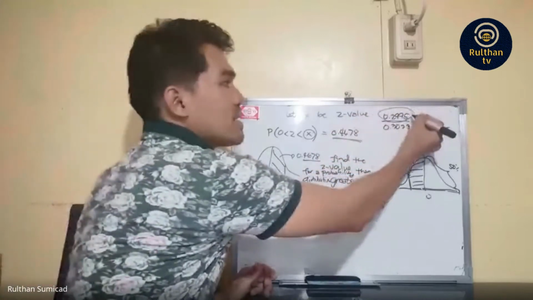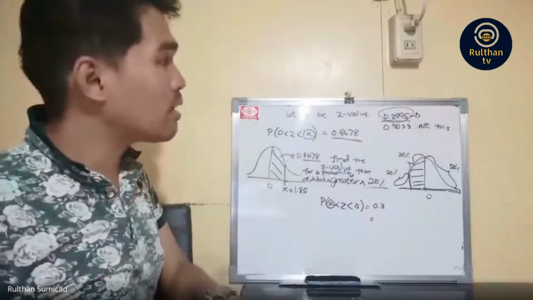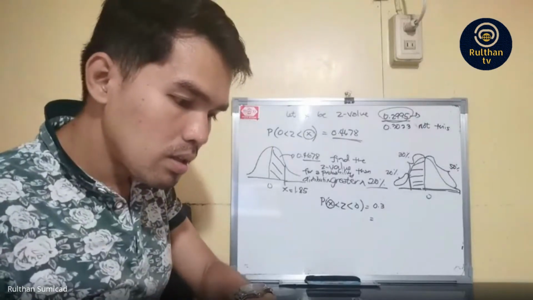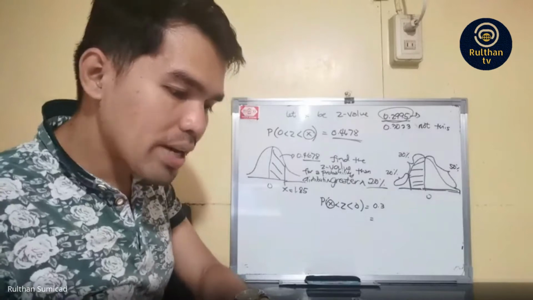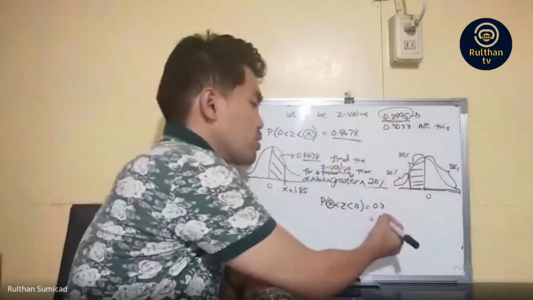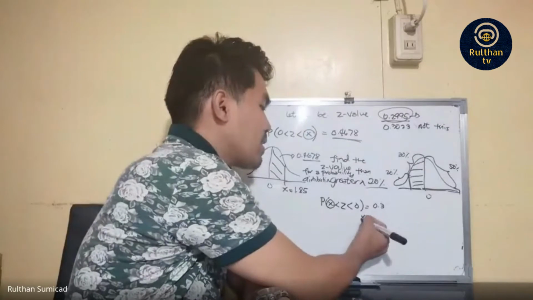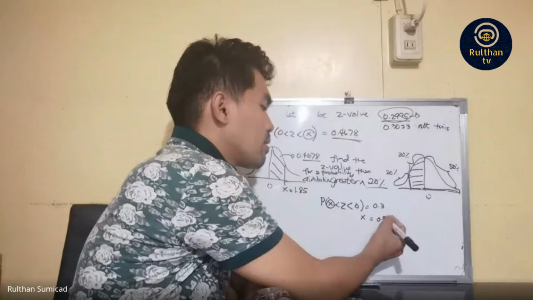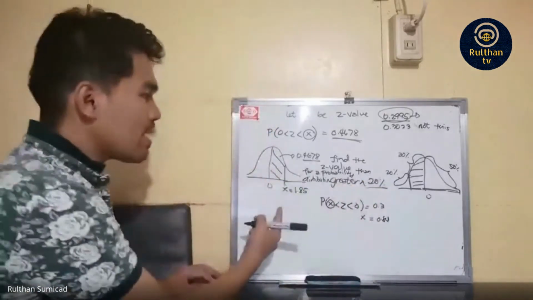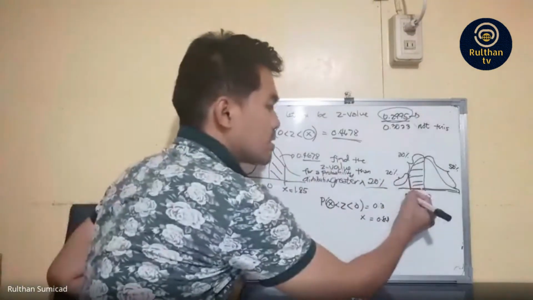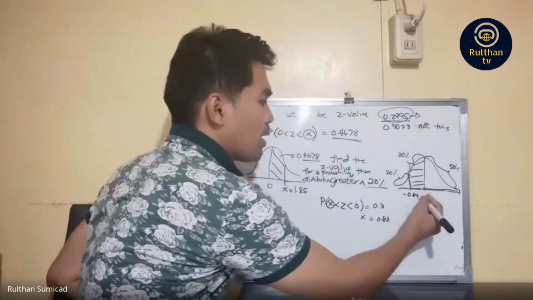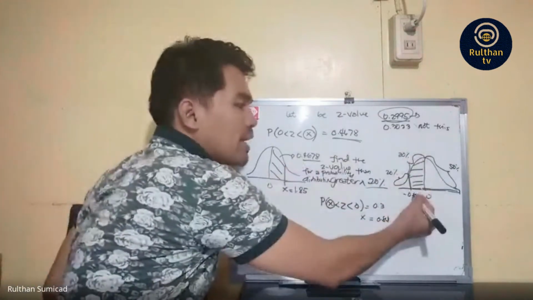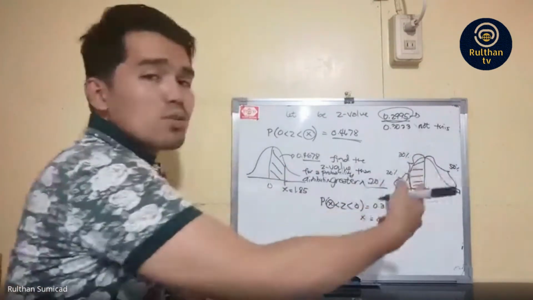Now, the z-score equivalent to 0.2995 is 0.84, so our x here is 0.84. Thus, the z value here is negative 0.84. Take note, negative because it's found below the mean. Later on, you can convert this into an actual score, whatever the data is.